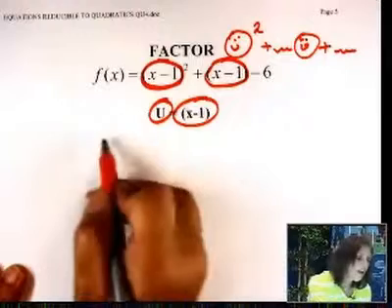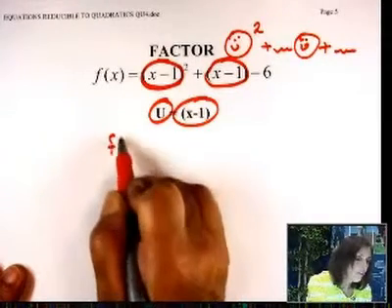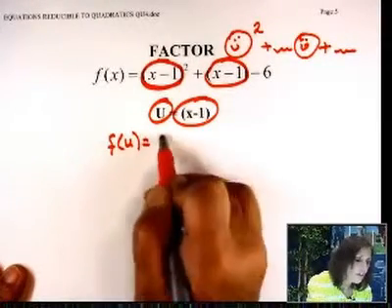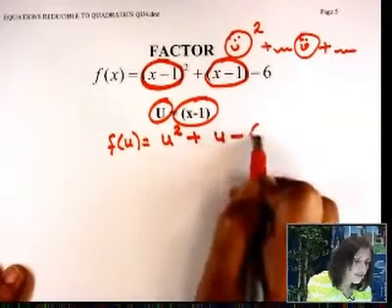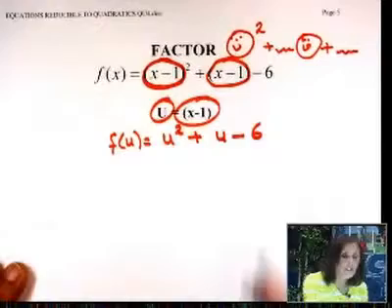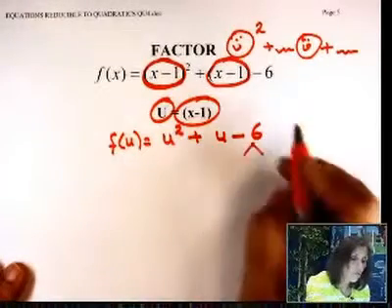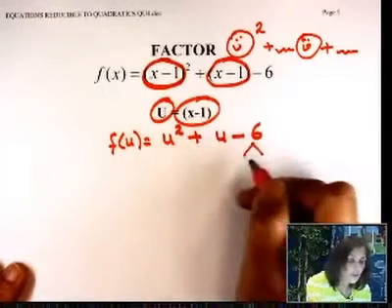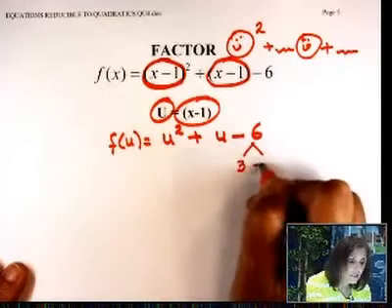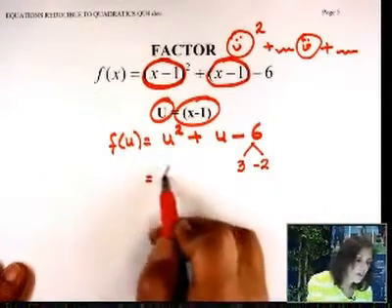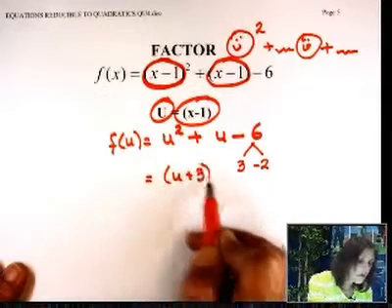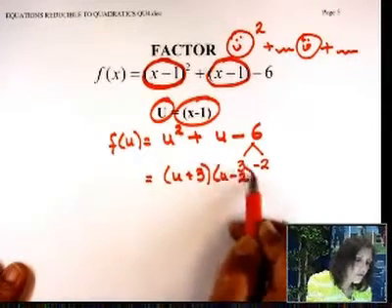Now I'm going to write f of u equals u squared plus u minus 6. And remember how I factor this. This is going to be plus 1, so it's going to be 3 times negative 2. And this is going to give me u plus 3, u minus 2.